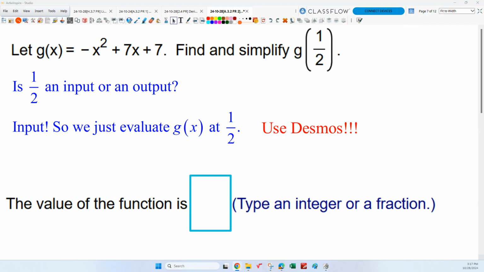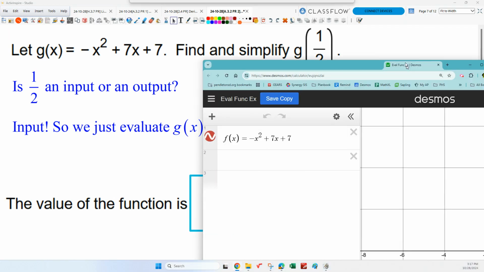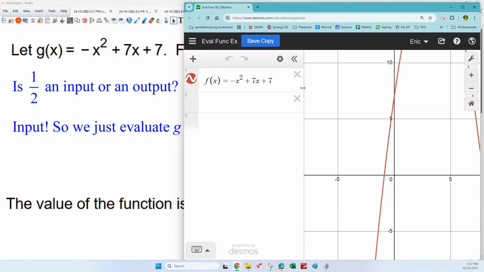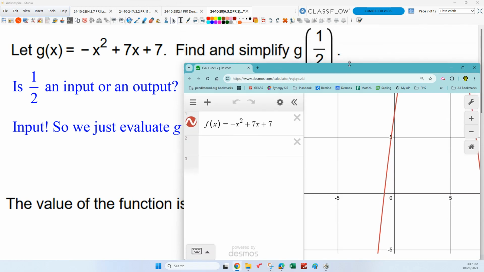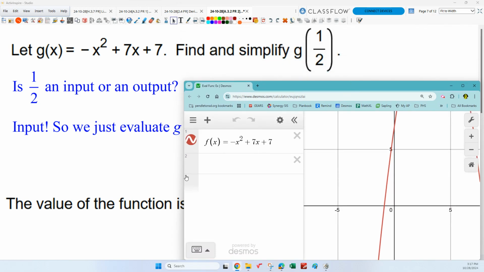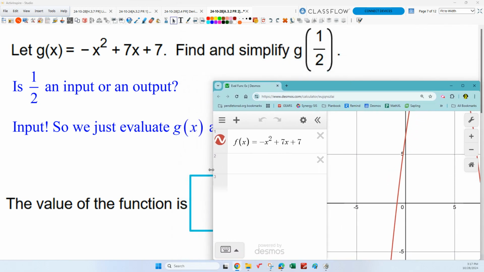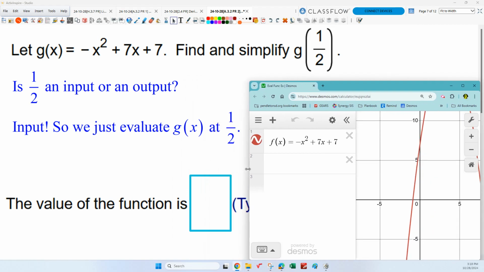There it is. Okay, so if I use Desmos, again, you guys know how to do this. I just define the function. And what do I do to find the answer? Yeah, now I guess I should have made this, probably that should have been g, right? Doesn't really make any difference, but call it g. So g of 1/2 is that, okay?